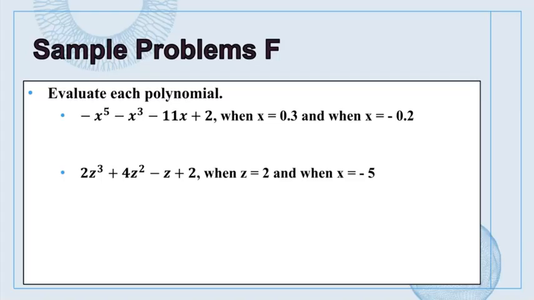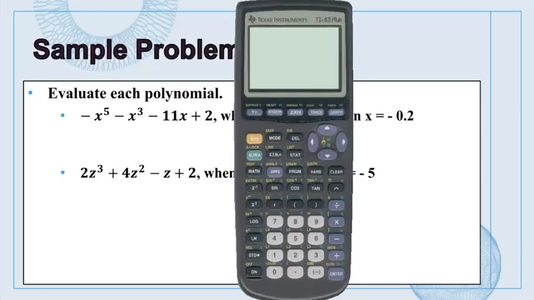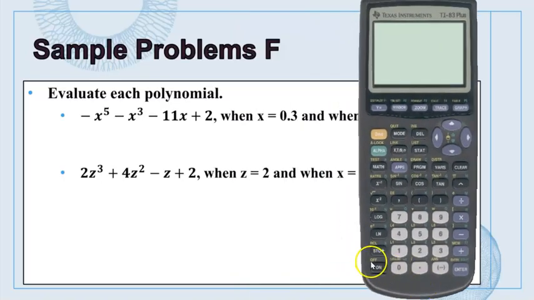And our last ones, we want to evaluate each polynomial. So they're telling us what to put in for x. So if I put 0.3 in for x, I'm going to use my calculator very quickly on this one.